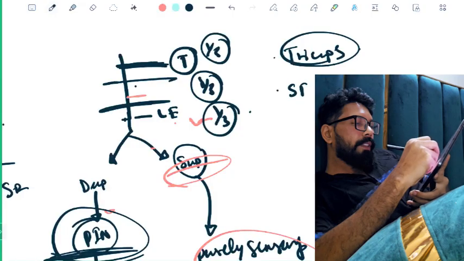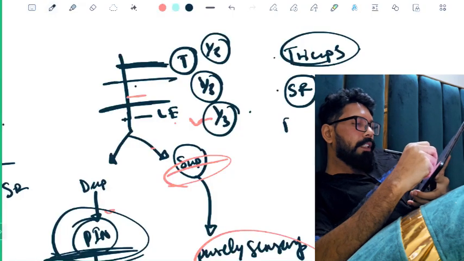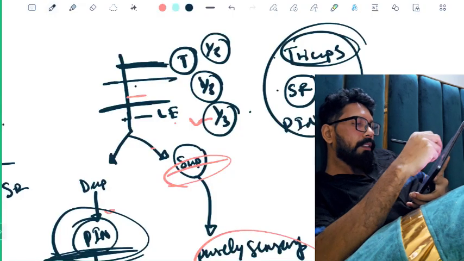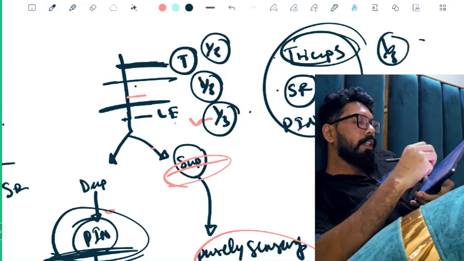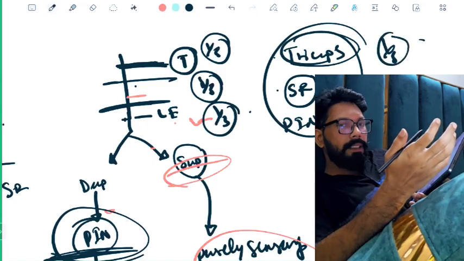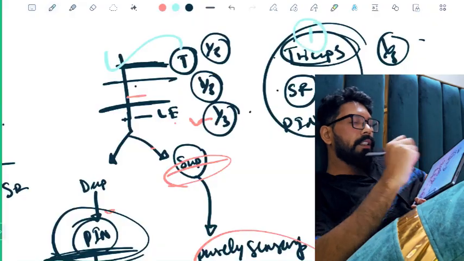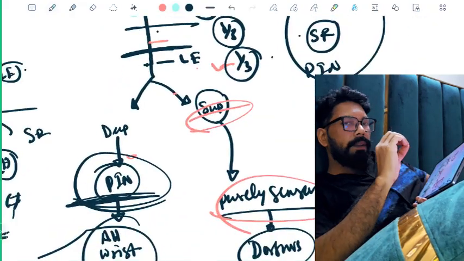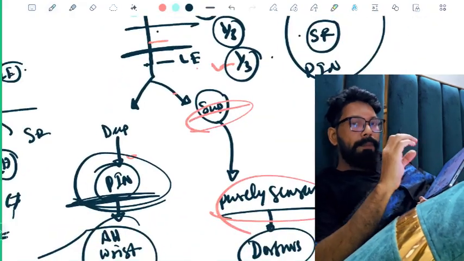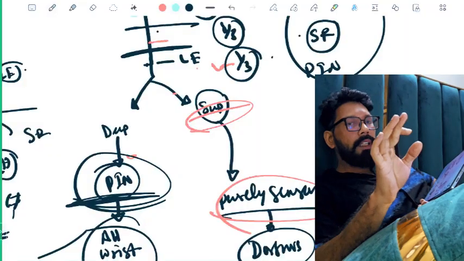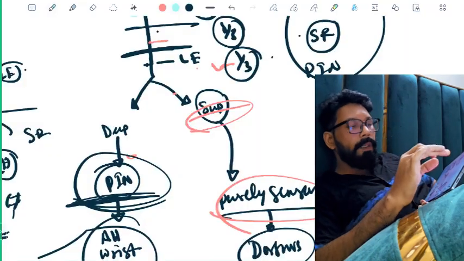We will lose superficial radial nerve function. We will lose PIN function. Upper third, because triceps is supplied at this area. So if we have an injury here, we will have this. Simple, because anytime there's an injury, below that everything will be gone. Every single function will be gone.